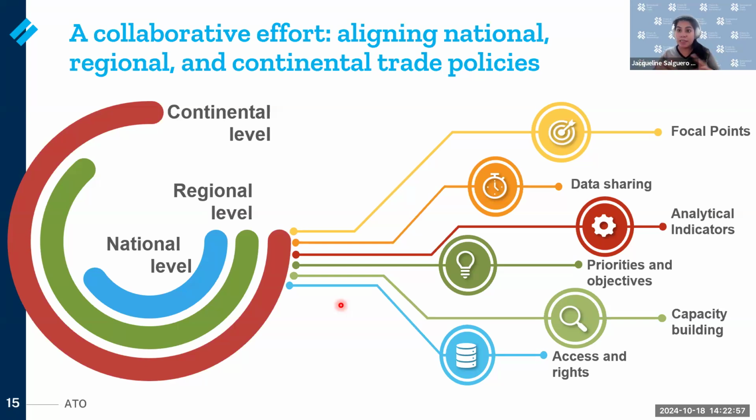Because we cannot give you a cake without sugar, because it's missing something. So we cannot give you part of the information. We cannot tell you, for instance, how much your country is exporting of this product without telling you which regulations you need to enter into this market. So both kinds of information that we will be discussing here are present on the ATO.